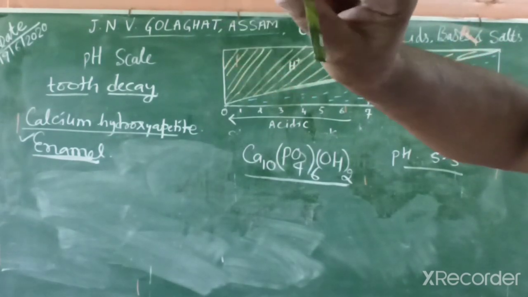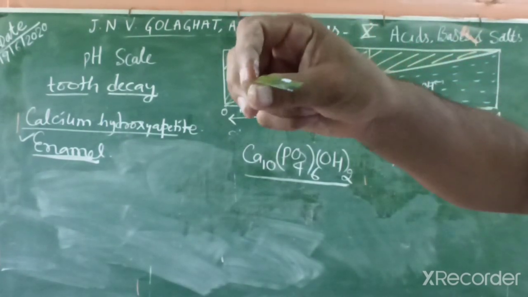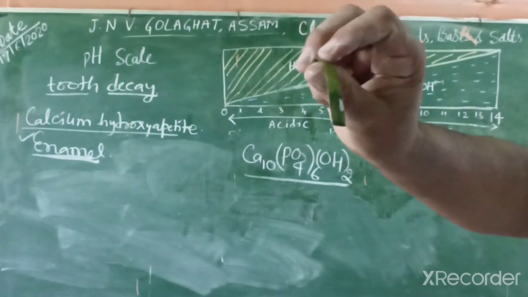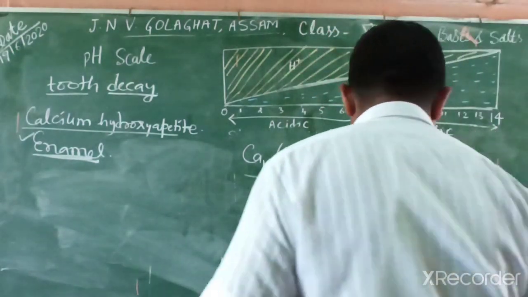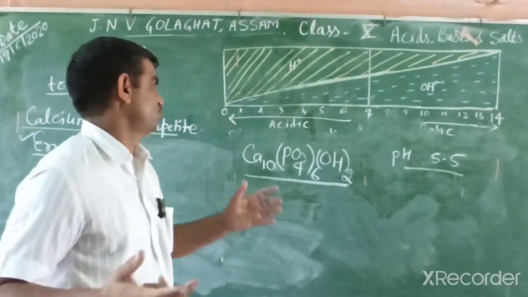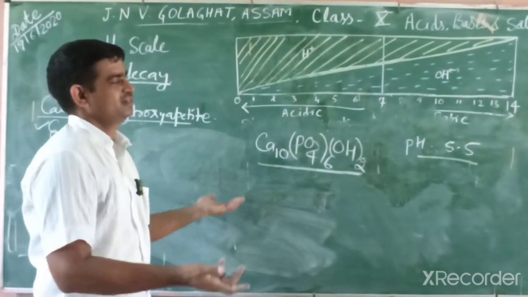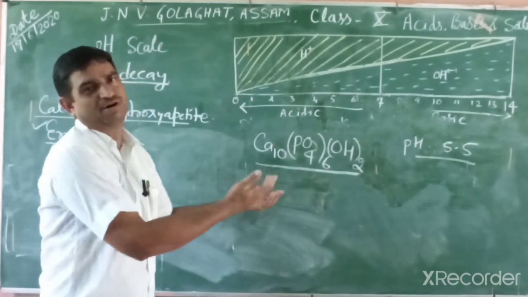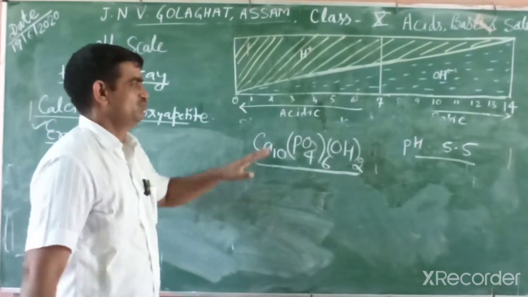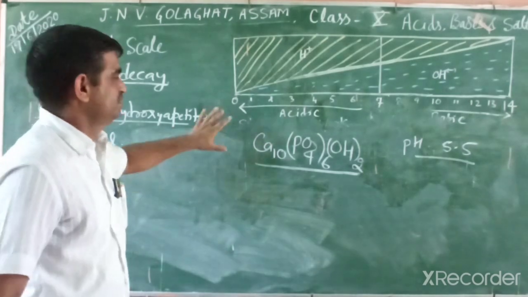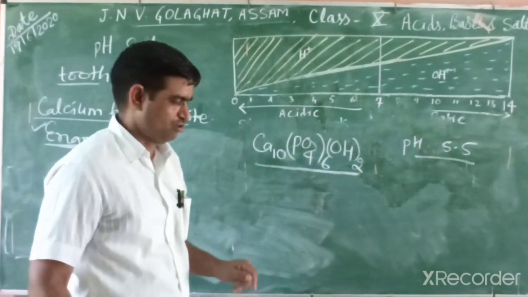The base neutralizes the acid, so tooth decay is stopped and our enamel is protected. To protect our teeth, we should brush after food, in the morning and after dinner, two times every day to stop tooth decay.